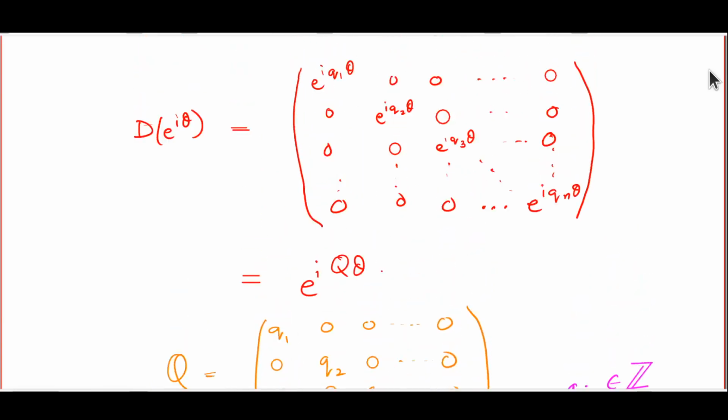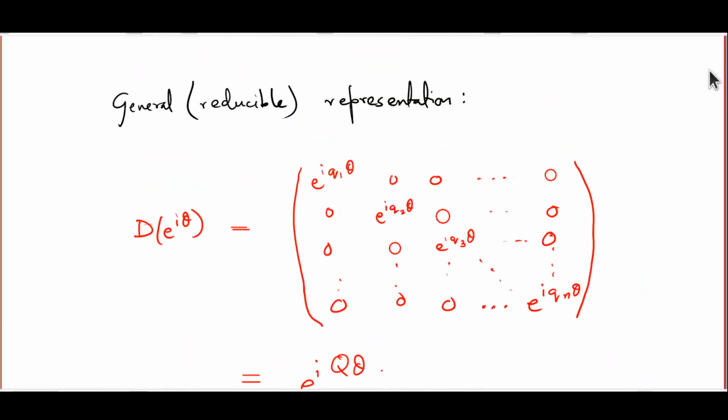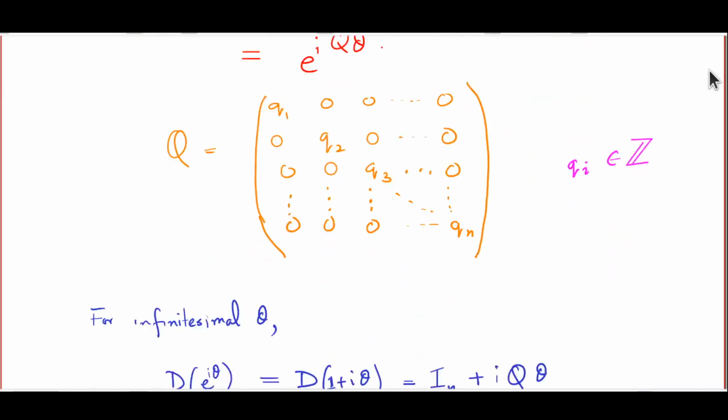Let me just point out that this is what D of e to the i theta is, and if you were to replace theta by an infinitesimal angle, you can replace each one of the exponentials on the diagonal by 1 plus i times qj theta for the jth one. And that means that apart from the identity matrix, you just have an additional piece which is i theta times a diagonal matrix with q1, q2, q3 etc. down the diagonal, which is exactly what our capital Q matrix is.